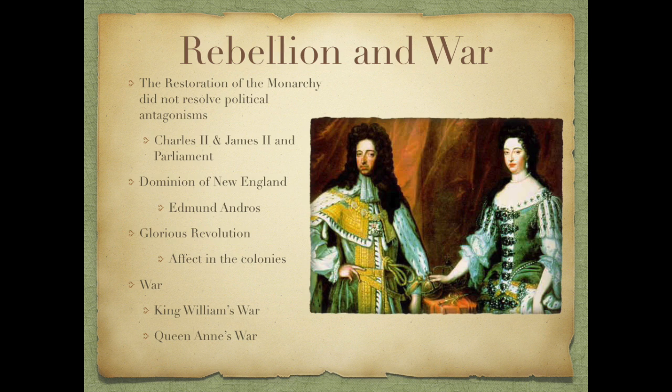None of his sons were particularly good leaders, and eventually you get the welcoming of Charles II back as the Restoration government. But that didn't completely resolve political antagonisms. Charles II and his successor, James II, made the attempt to strengthen the crown at the expense of Parliament and to centralize royal authority in the colonies as a kind of extension of that.